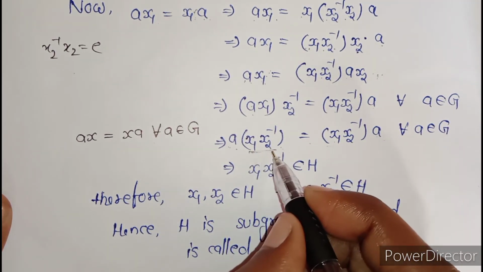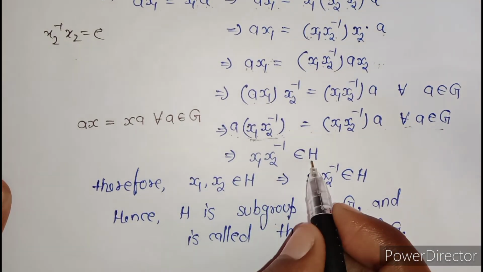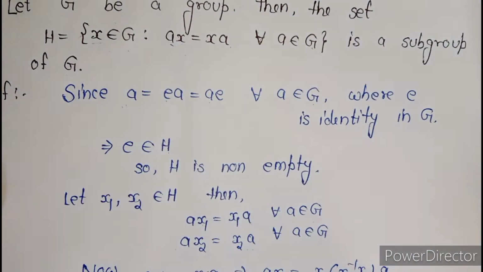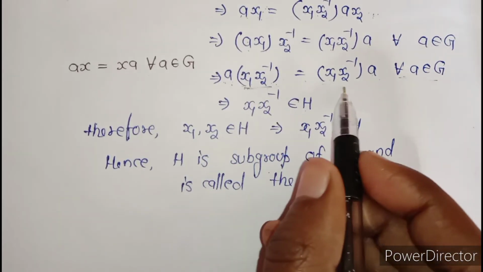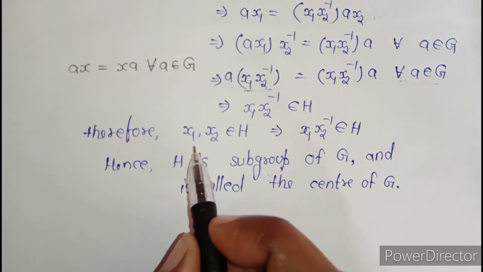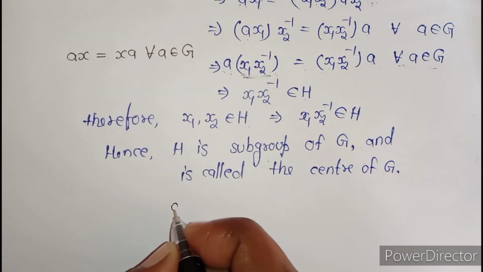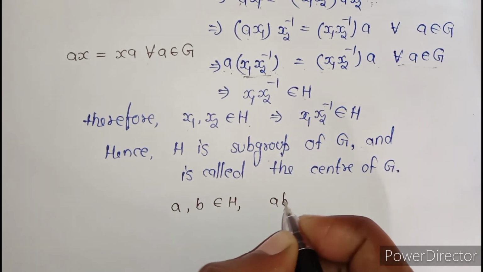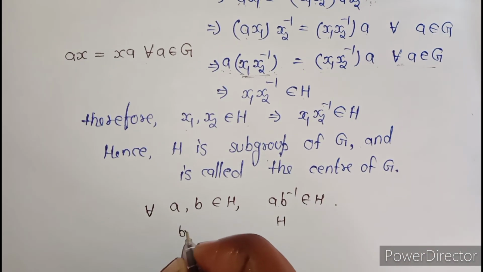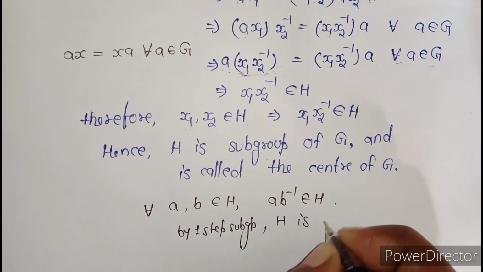Here this element is also commuting with a, and this is true for all a belongs to G. So x1·x2 inverse must belong to H, because in our H we have taken those elements which commute with a, and this is true for every element of the group G. If I am getting this type of condition, then we can say that x1·x2 inverse must belong to H. By the one-step subgroup test, we know that if for all a, b belonging to H, ab inverse belongs to H, then H is a subgroup of G.